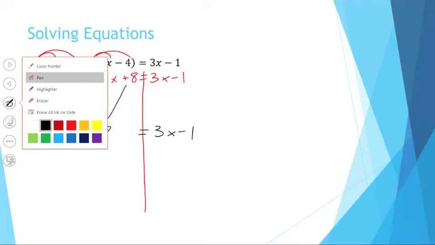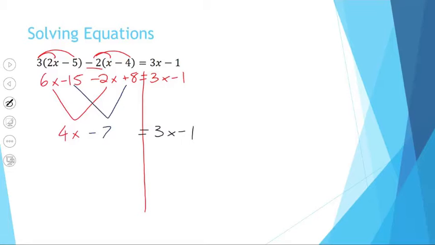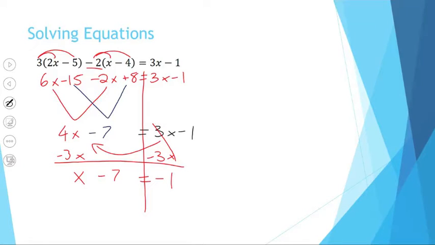You can either move the 4x to the right side or the 3x to the left. I'm going to move the 3x to the left because then I won't have any negative numbers, right? That's going to go away, and 4 minus 3 will just be 1x. So we have -7 still, we have -1 still. So add 7 to both sides, we'll get x equal to 6. Okay?